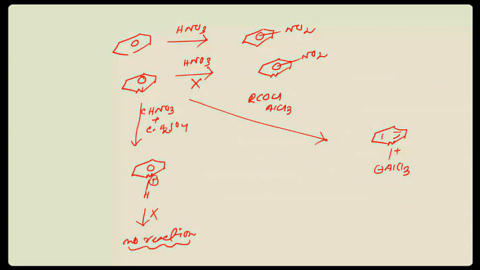As a result, again the ring is going to be electron deficient, so we expect no reaction. How to make it react, we'll see later. But what we understand is that pyridine is very bad towards electrophilic substitutions.